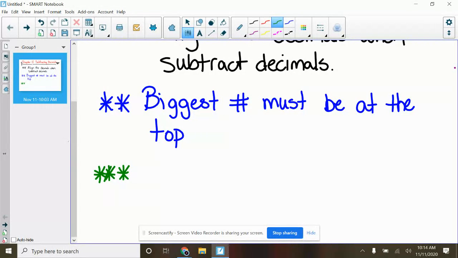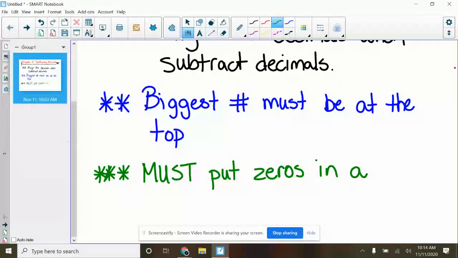So we're going to tell ourselves that we MUST put zeros in all missing spaces of the number.